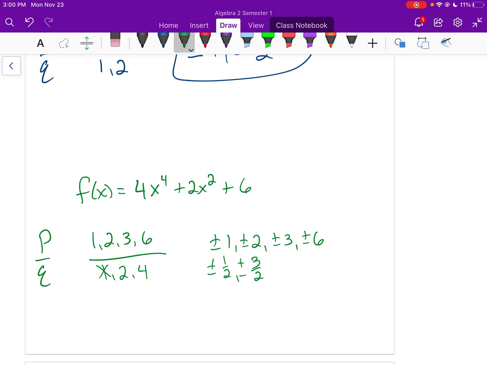And then finally plus or minus 6/2, which would be 3, which we already have as well. So I worked through the 2, and then finally with that 4, plus or minus 1/4, plus or minus 2 over 4, which is 1/2, which we already have right here, so I'm not going to rewrite that one, plus or minus 3/4, and then finally plus or minus that 6/4, which is 3/2, which again, we do not need to write since we already have that one.